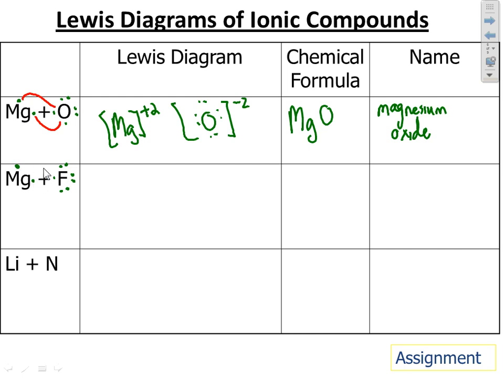To solve this problem, we will simply use another fluorine atom, because in a chemical reaction, when this compound is being made, there's always lots of atoms around to be used, so we can use as many as we need. So because fluorine needs 1 and magnesium needs to get rid of 2, we will simply use 2 fluorine atoms so that we can accept the 2 magnesium electrons.